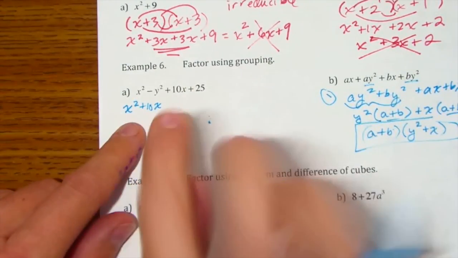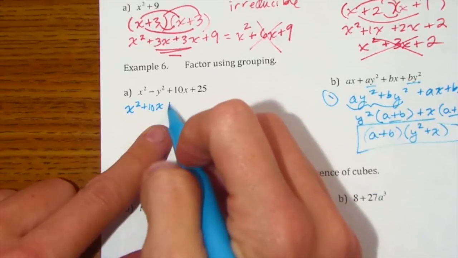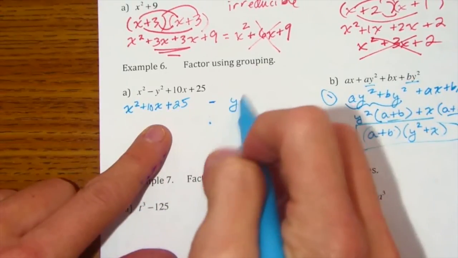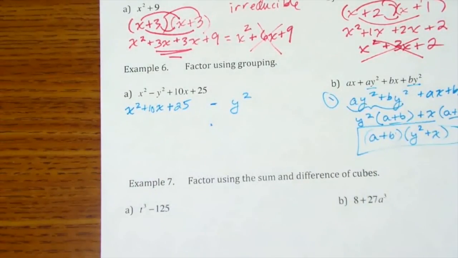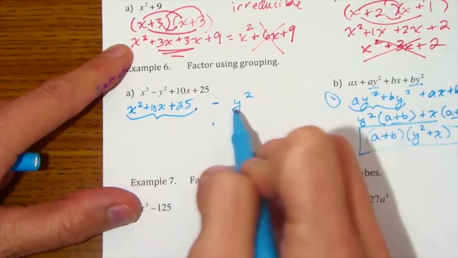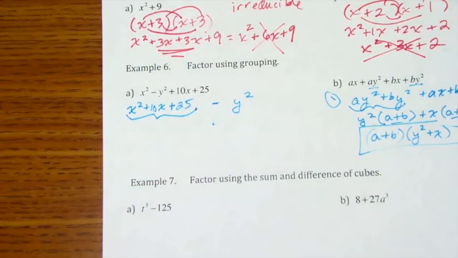What's the next number going to be? Plus 25 and then minus y squared. This is a really tricky problem because you're actually going to group a trinomial with a monomial. It's different. It's extra challenging. If we made everything easy for you guys, it wouldn't be fun, right?